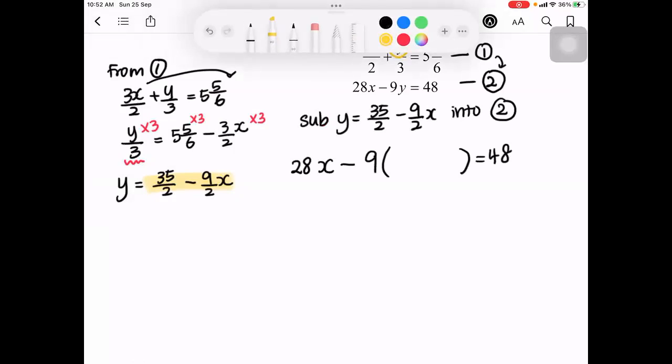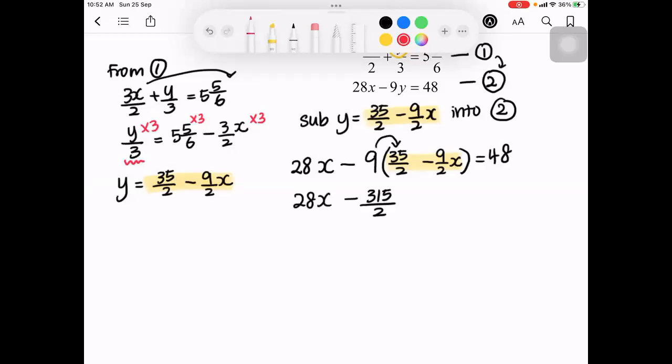What do we do with the y? We replace it by 35 over 2 minus 9 over 2x. Then this one here, we use expansion. 9 times 35 over 2, okay, I get the number 315 over 2.